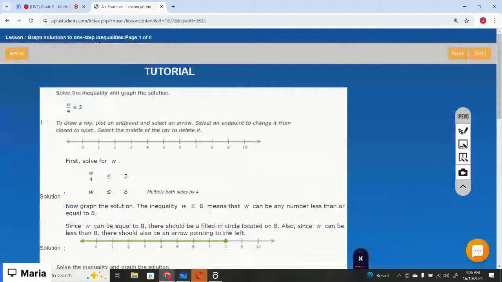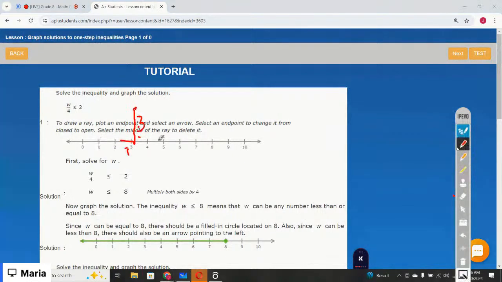Let's start with the first example: w by 4 is less than or equal to 2. When you solve this inequality, you have to multiply 4 on the other side, right? So that is w is less than or equal to 8. That means w can be any number.